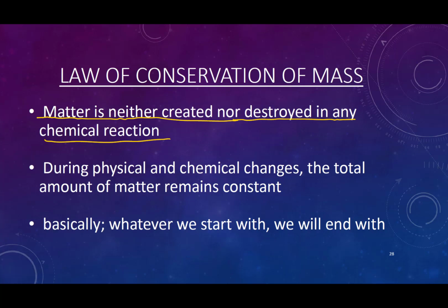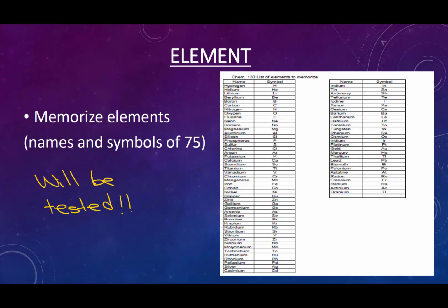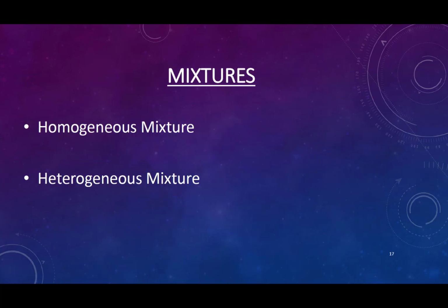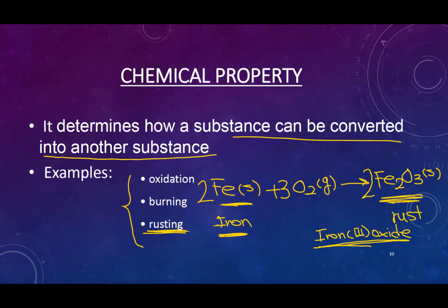Based on the law, during any physical or chemical change, the total amount of matter has to remain the same. That's why, if I go back fast to one of these original slides, here, the bikes example.